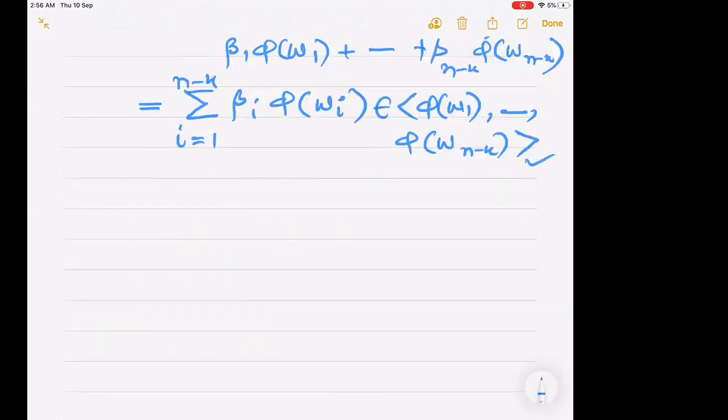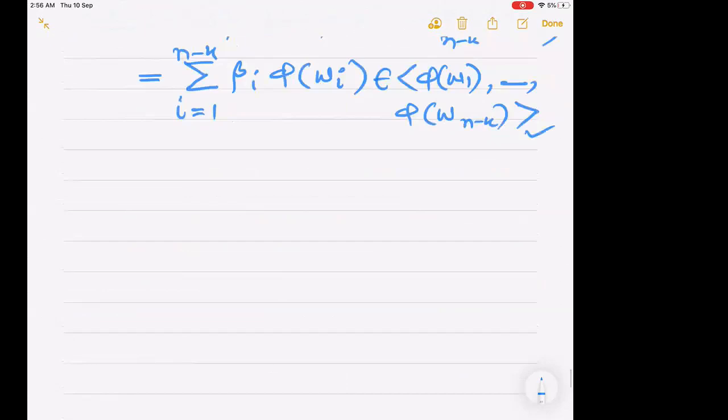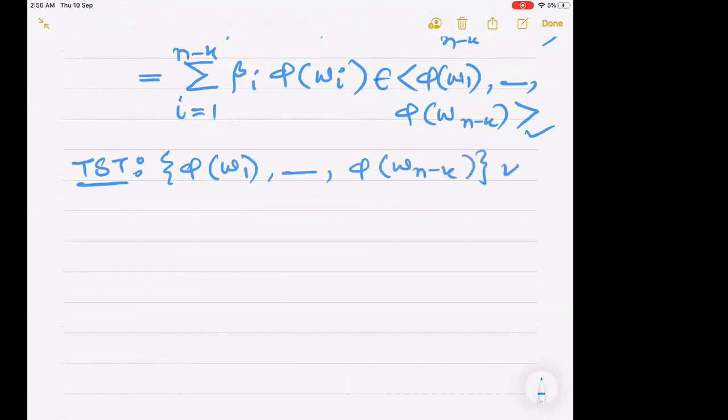What remains to be shown is that they are linearly independent. To show that phi w1 up to phi wn minus k is linearly independent. Okay. Now, why is that so?